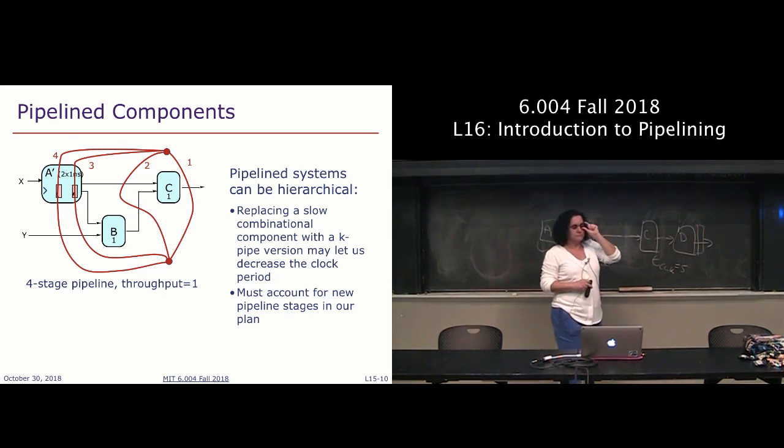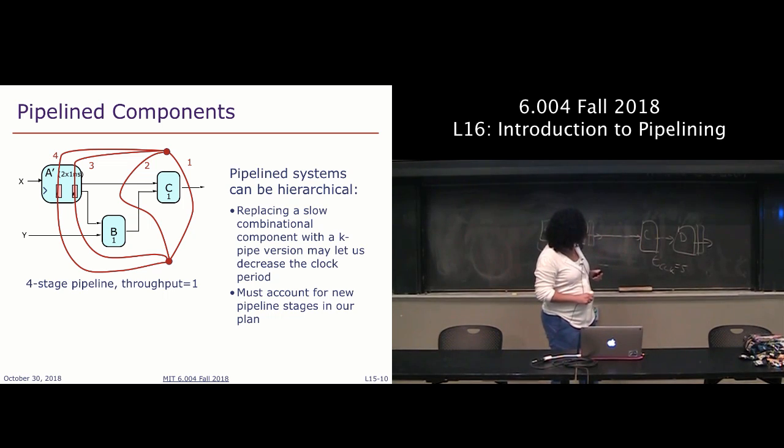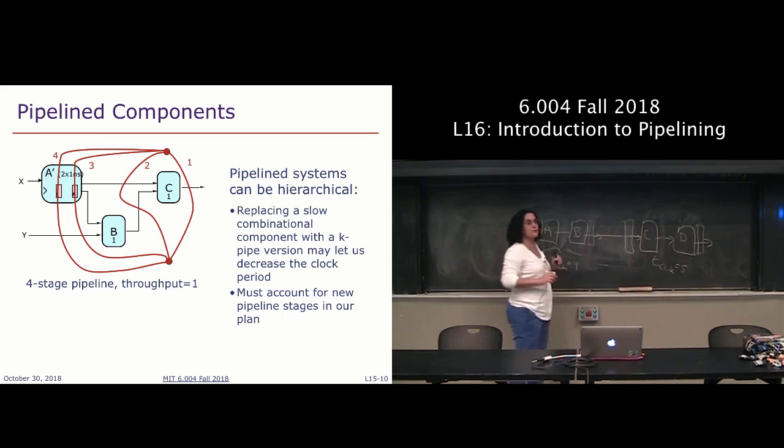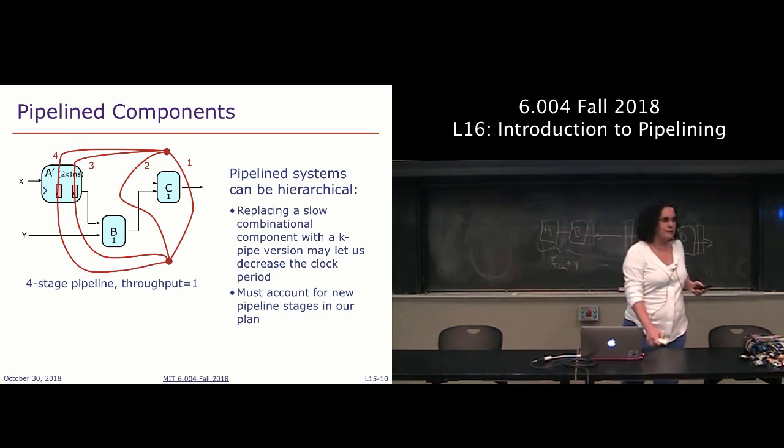Okay? If you had a register before C, like you had before, then you could consider that as a three-stage. Yeah, if I had another register here, then this becomes a 3-stage pipeline. And so that's just increasing my latency without helping. So it wouldn't be invalid, but it would just not be as efficient.